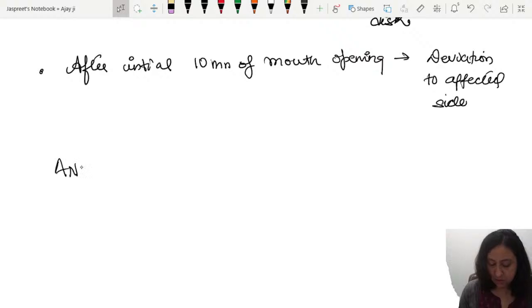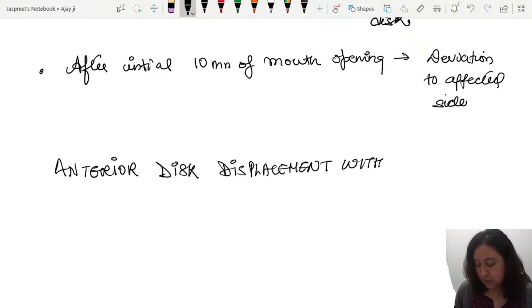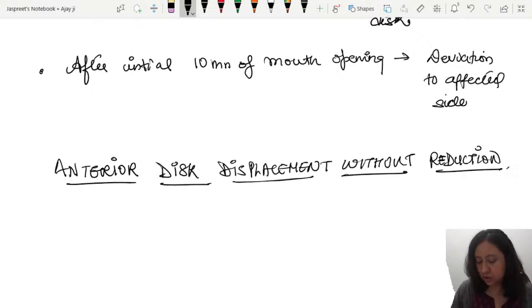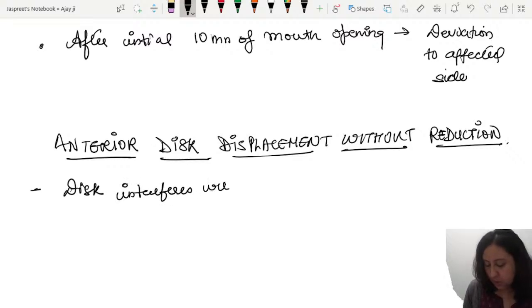First of all, please write down: disc interferes with condylar translation.